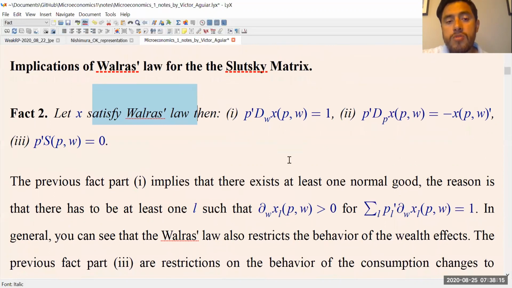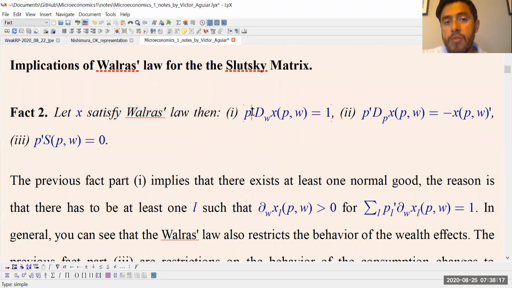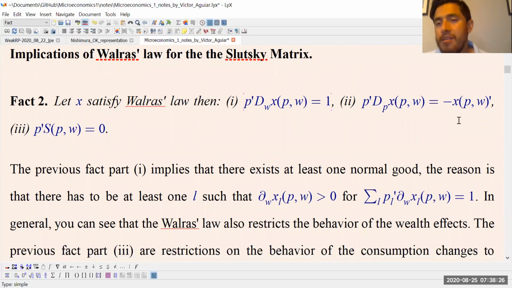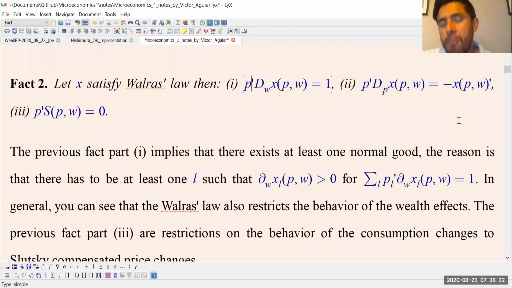These two implications come in the form of prices times the income effect is equal to 1, and prices times the substitution matrix is equal to minus demand. So this is just simple derivatives and calculus. There is nothing really economical about this, but this gives us some information about the behavior that's ruled out just by the Walras law.